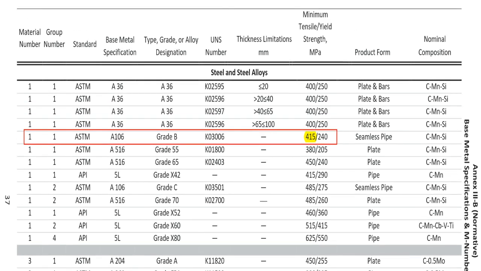Let's say I am using the SMAW process, shielded metal arc welding, and E6011. Then the tensile strength of the 6011 is, I guess, slightly less than 415. Not sure how much.